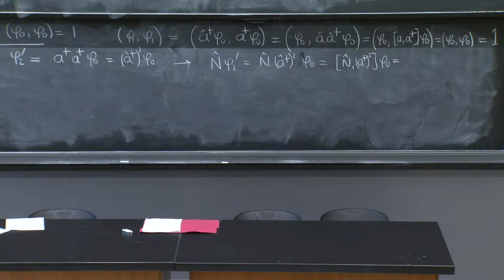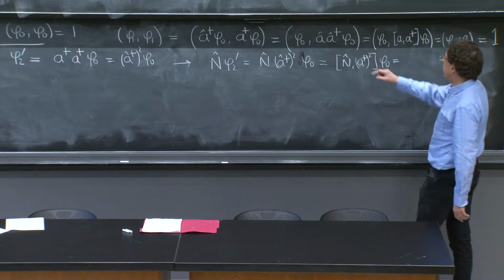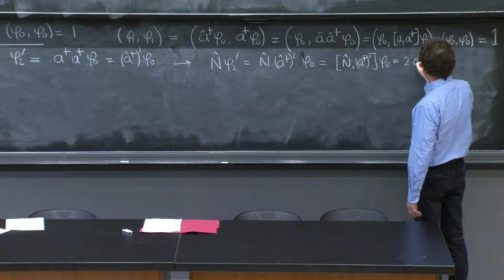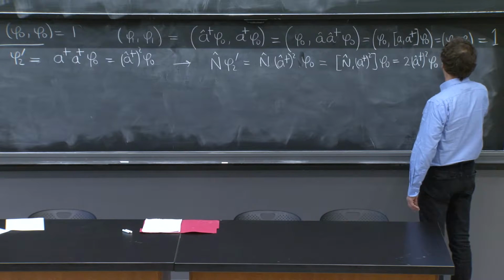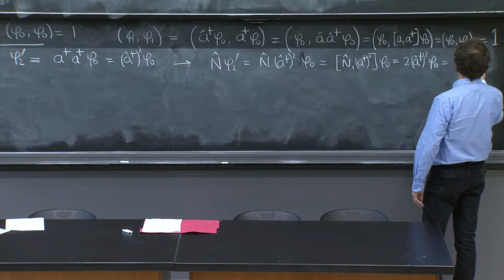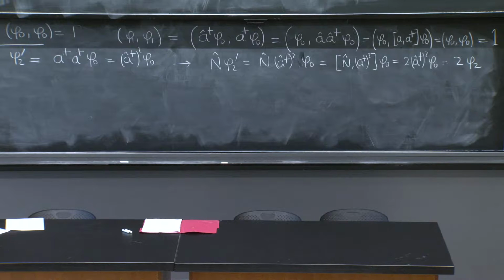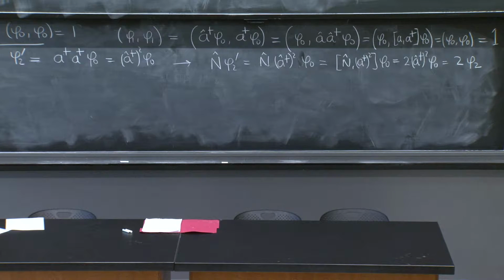And that commutator has been done. It's 2 times a dagger squared on phi 0, which is 2 phi 2. That's what we call the state phi 2 prime, I'm sorry.